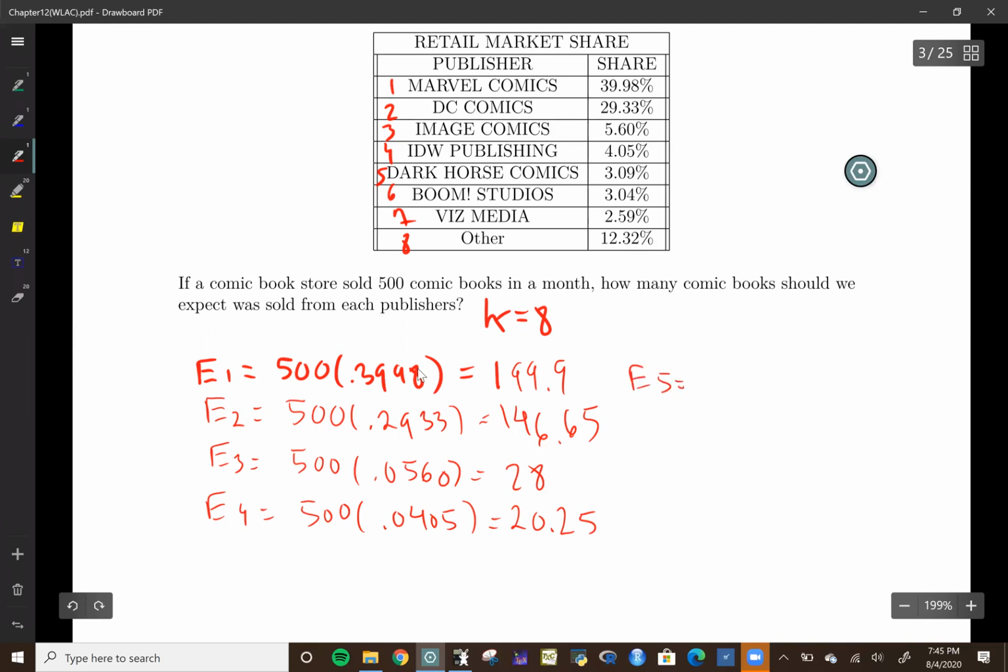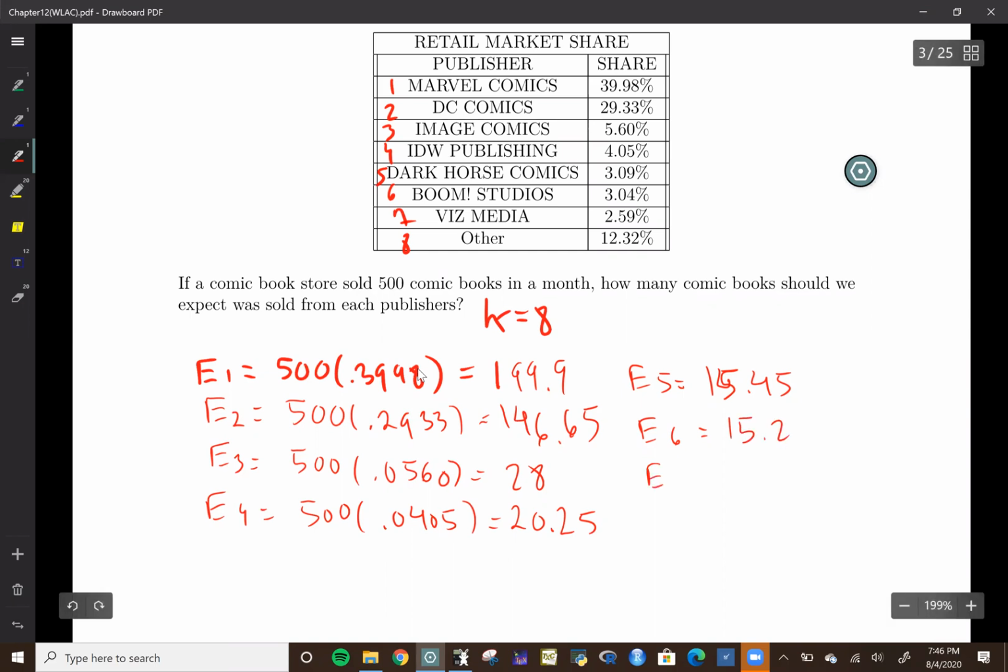Let's do E5. E5 is Dark Horse. We do 500 times 0.0309, and you get 15.45. Then we do Boom Studio, which had 3.04%, so that's 15.2.